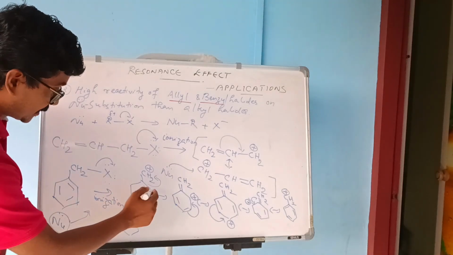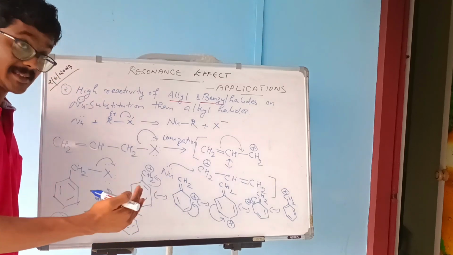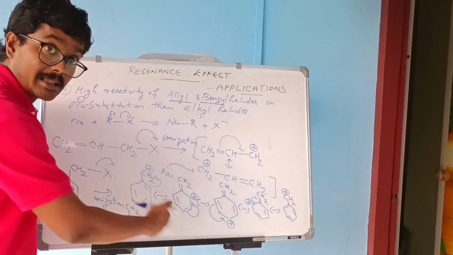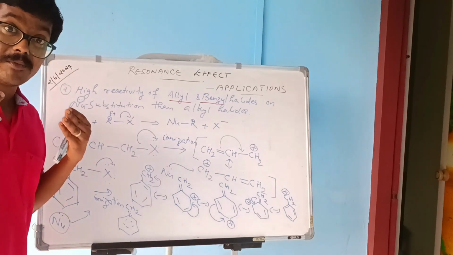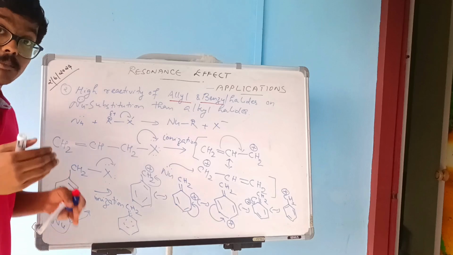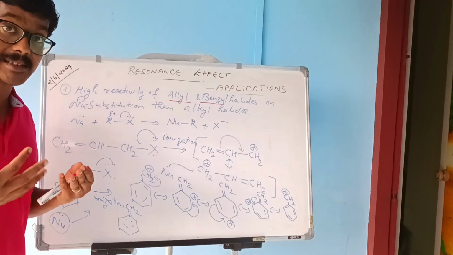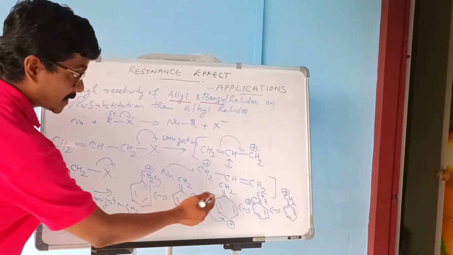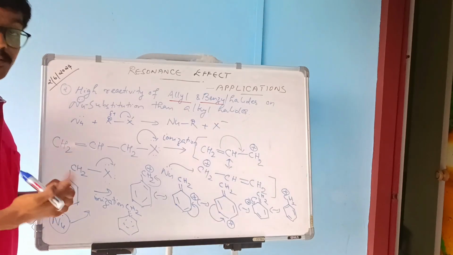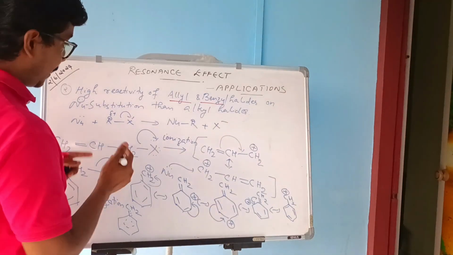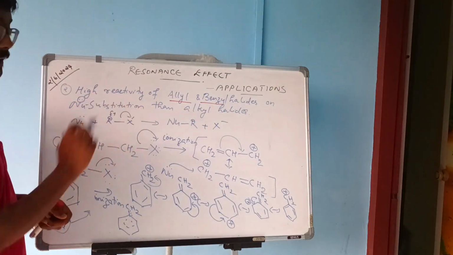Due to resonance, the electron density on the benzene ring decreases, which facilitates the very immediate attack of a nucleophile, because a nucleophile is an electron rich species which needs a positively charged center. So due to resonance, the positive charge is delocalized throughout the benzene ring, which facilitates the nucleophilic substitution reaction. That is the reason for the high reactivity of allyl and benzyl halides over alkyl halides.